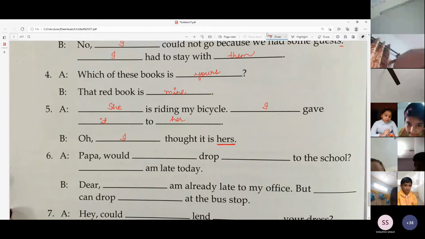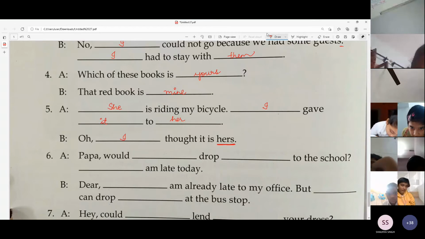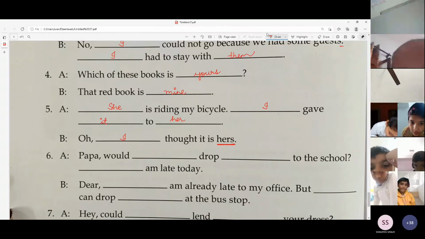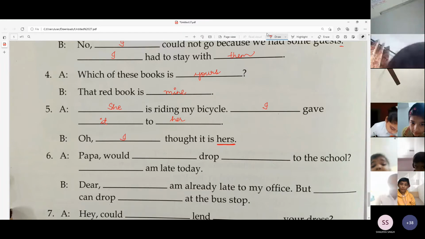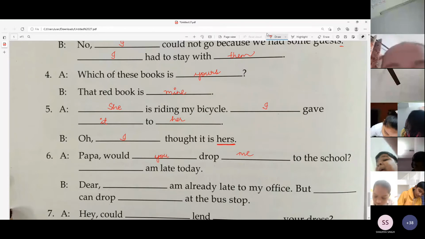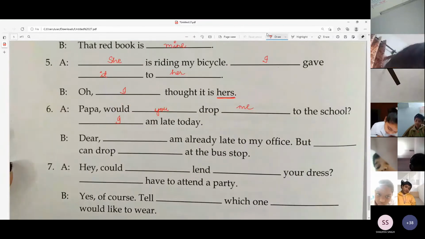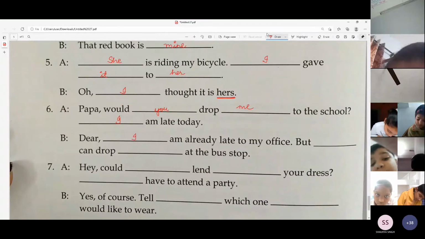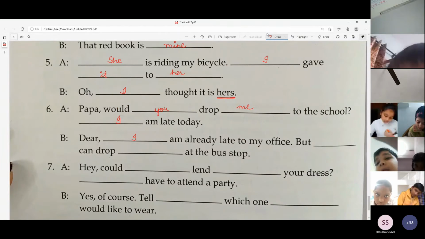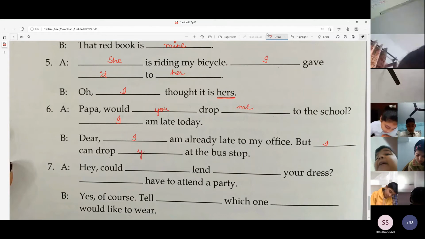Number 6. Papa, would you drop me to the school? I am late today. Dear, I am already late to my office. But I can drop you at the bus stop.